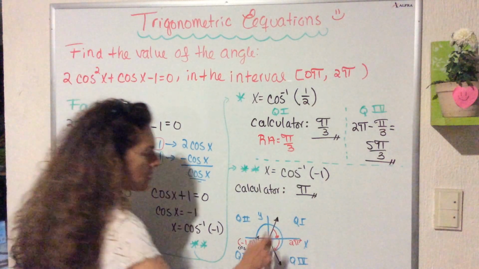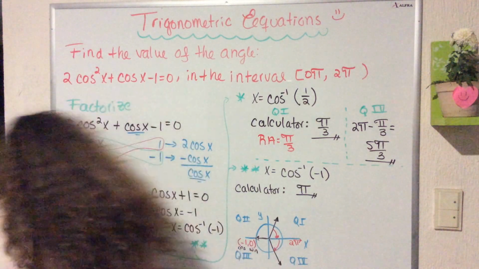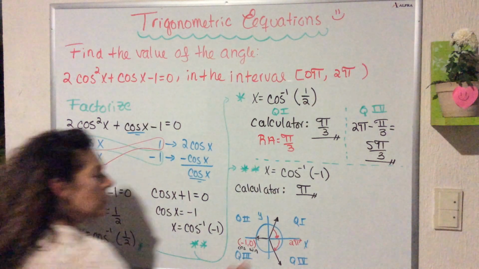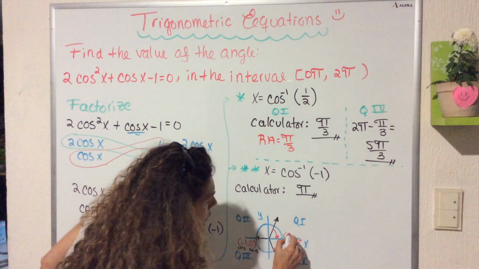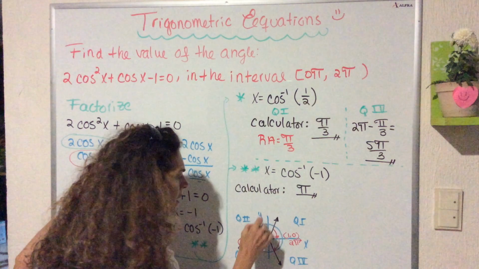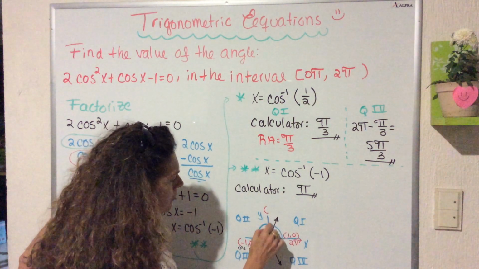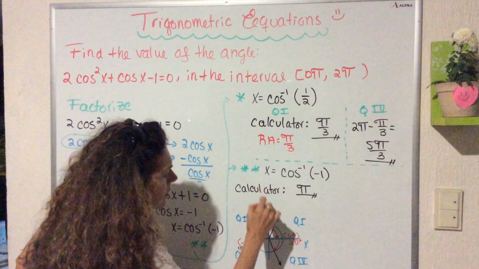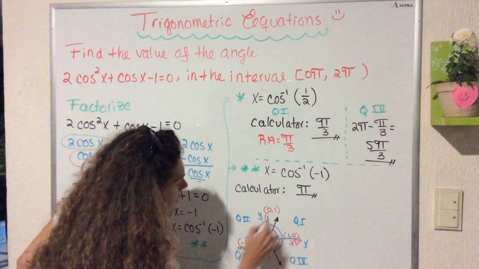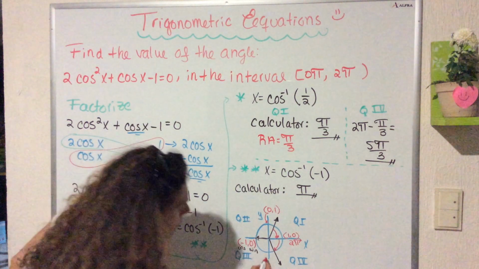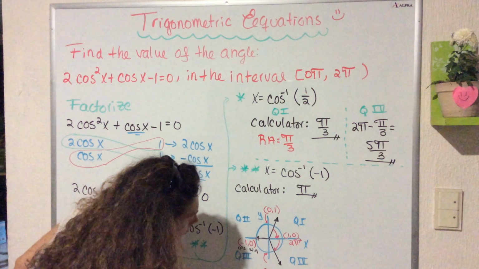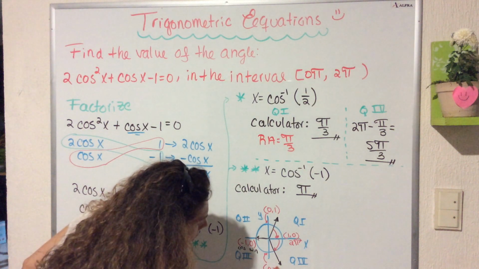Why? Because remember, in the unit circle, here we are getting the point 1, 0, here 0, 1, here -1, 0, and in this one we have 0, -1.